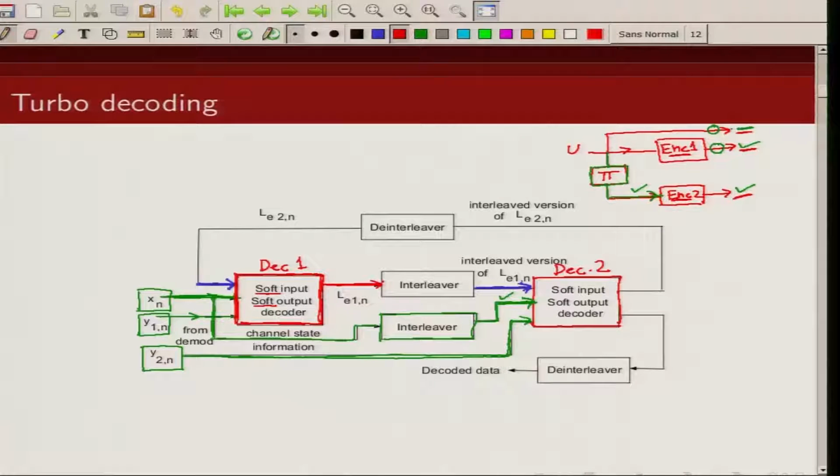This is information which the decoder computes based on the trellis structure of this convolutional code, and this extrinsic information is fed as a priori knowledge to the second decoder.